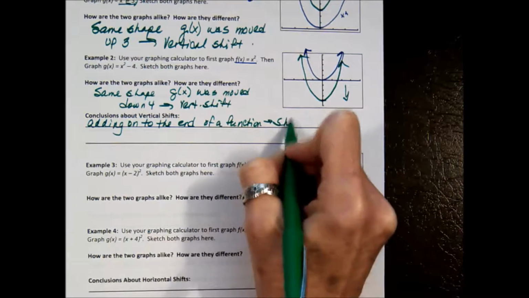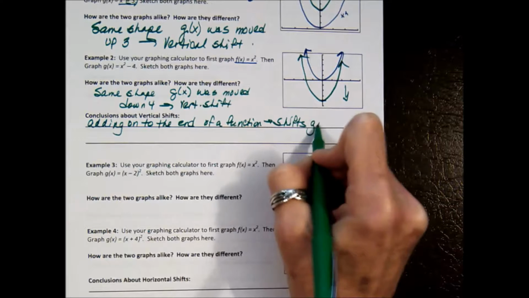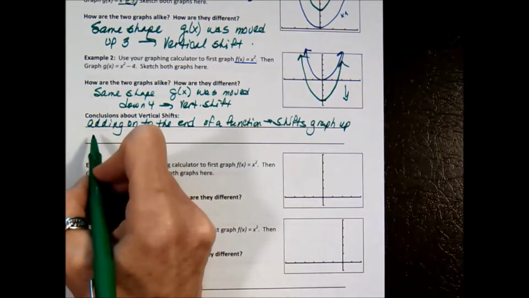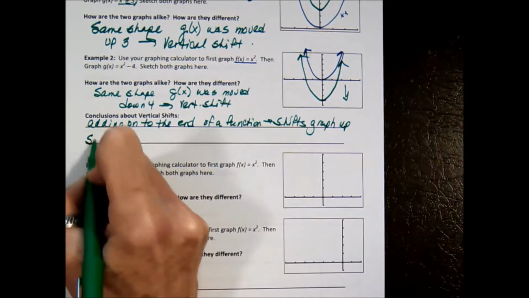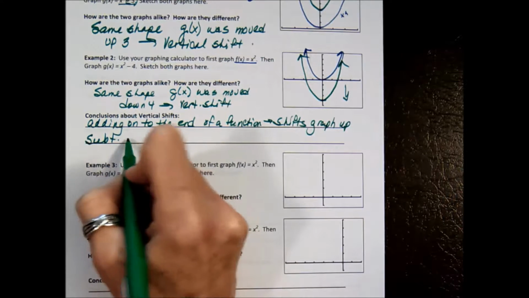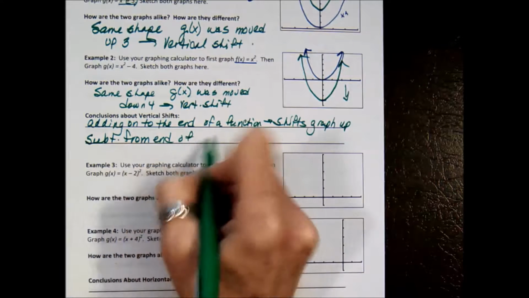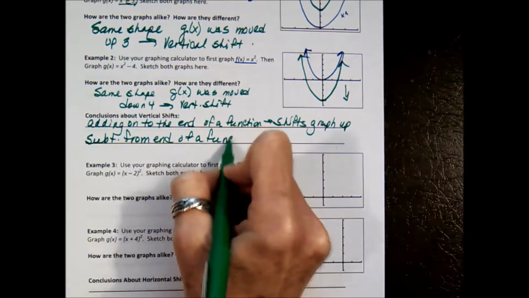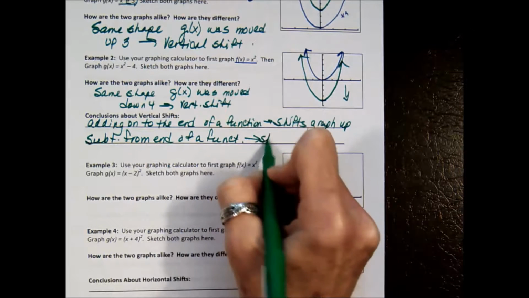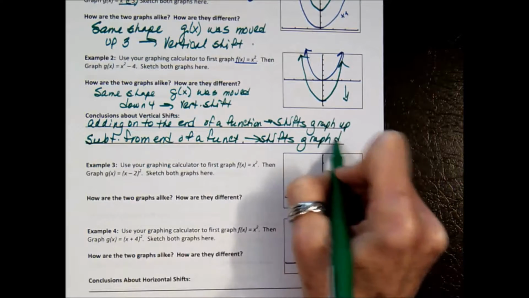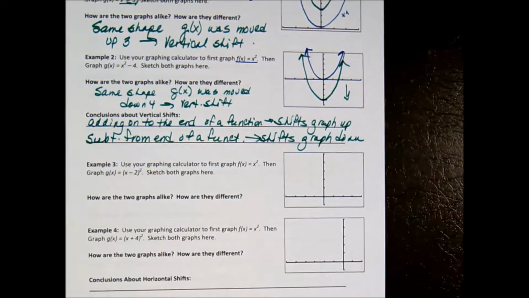It shifts the graph up. And subtracting from the end of a function shifts the graph down. And we call both of those a vertical shift.